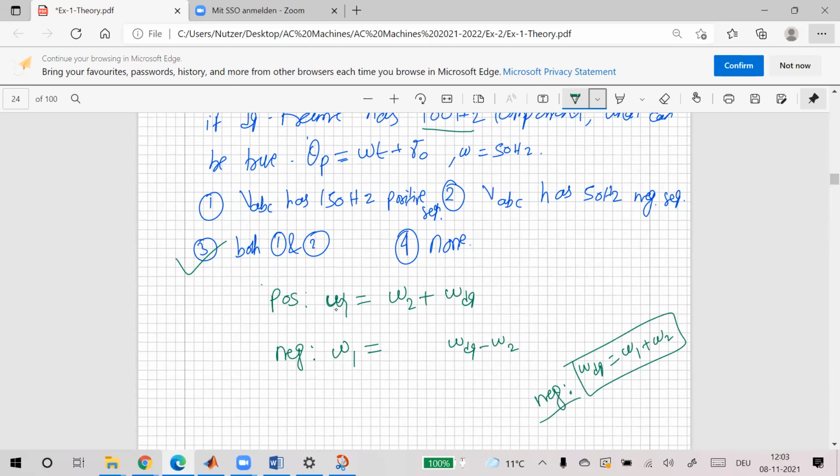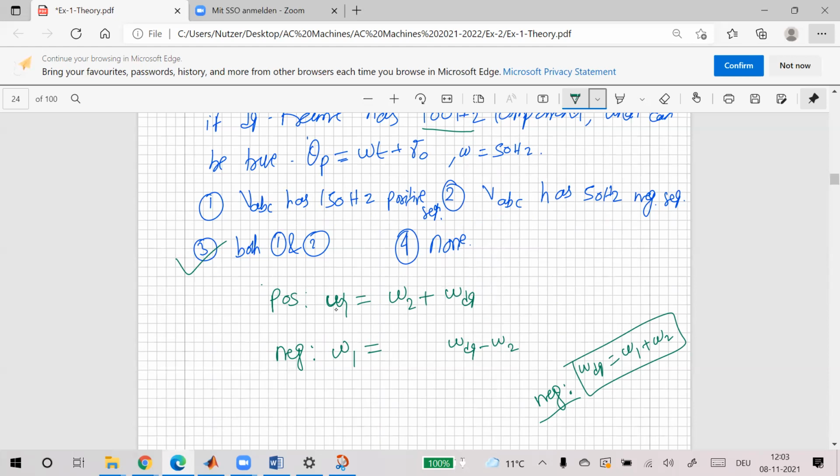Don't play with the signs again here. When you put minus here, you mean omega 2 as minus something, right? Like omega 1 is 50 hertz, omega 2 minus 50, then it becomes 150. That's not correct. So you just put the absolute value here.